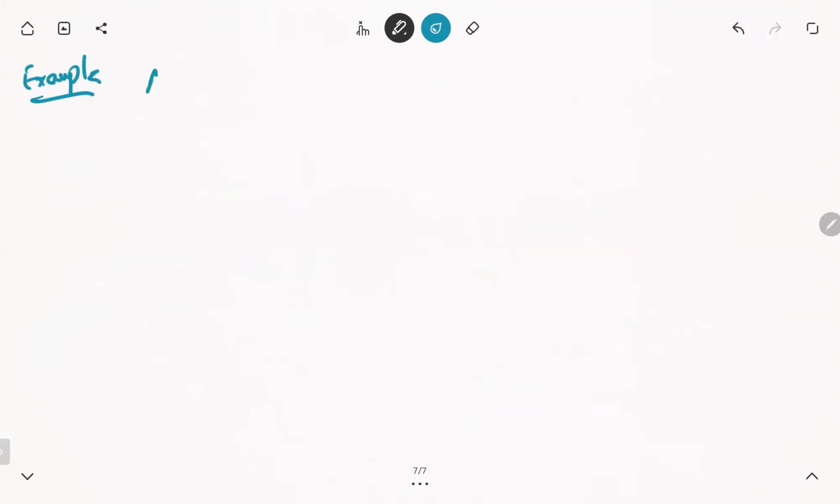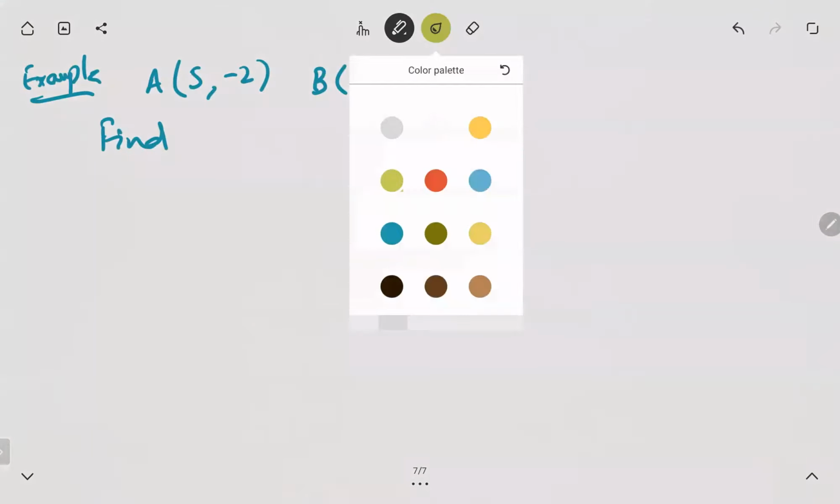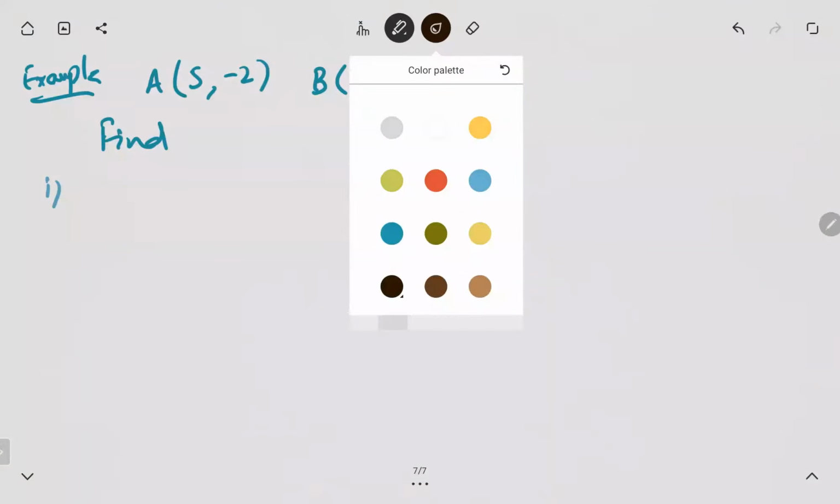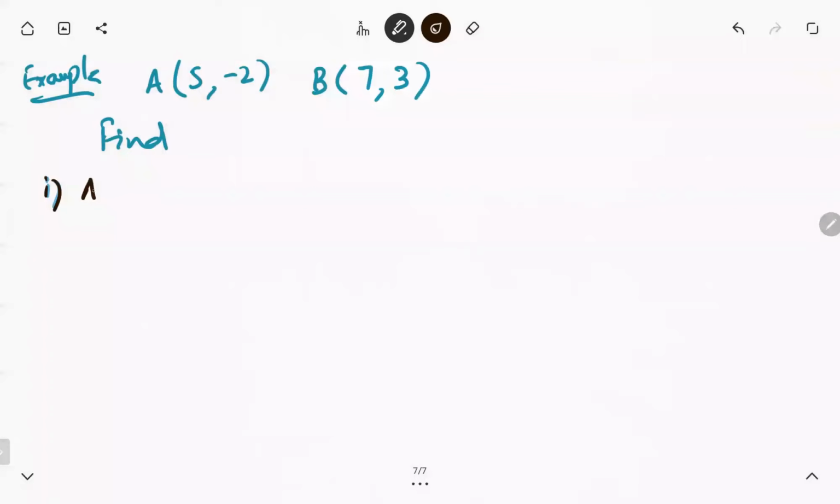The coordinates of a point A is 5, -2. The coordinates of a point B is 7, 3. You have to find number 1, the vector.